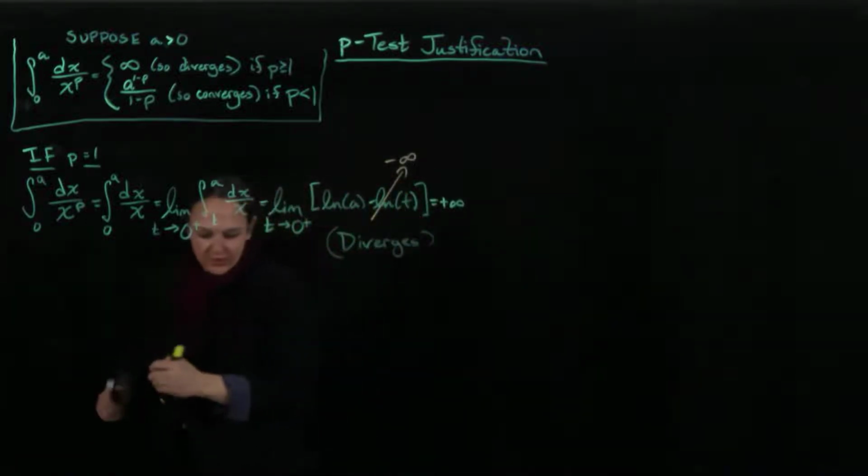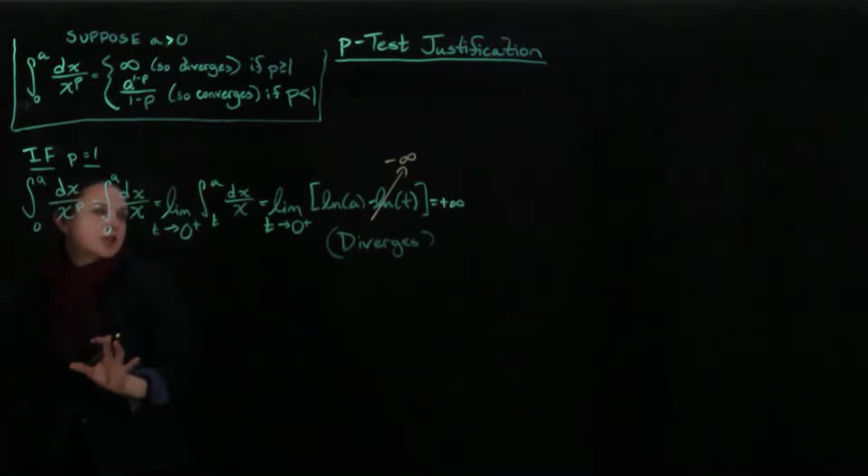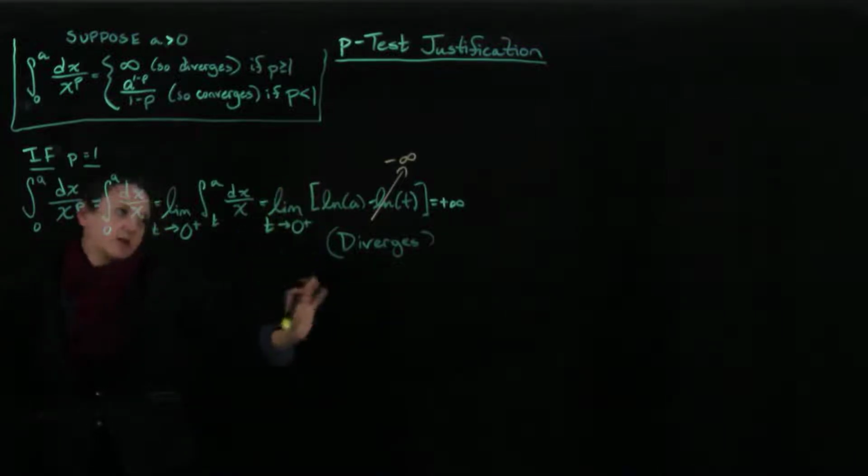Now let's look at the circumstance where p does not equal 1. I'll do the general thing, and then I'll break it into when p is greater than 1 and less than 1.